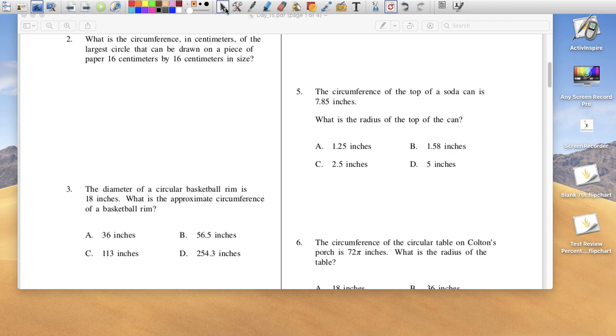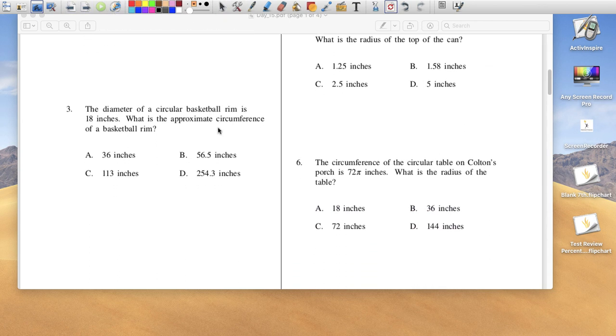Number 3, the diameter of a circular basketball rim is 18 inches. Hang on a second. Again, I like that you draw. The diameter is 18. What's the approximate circumference? So the circumference, the distance around the basketball rim, is the value we're looking for.